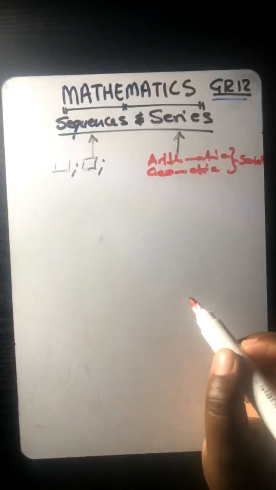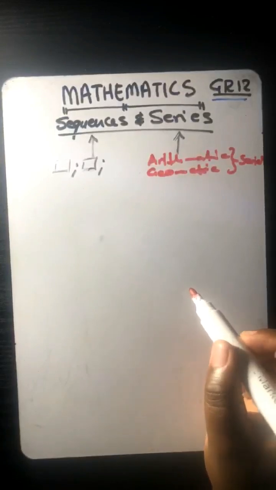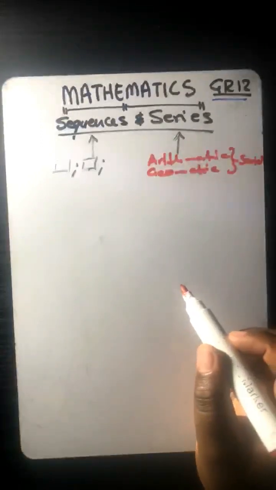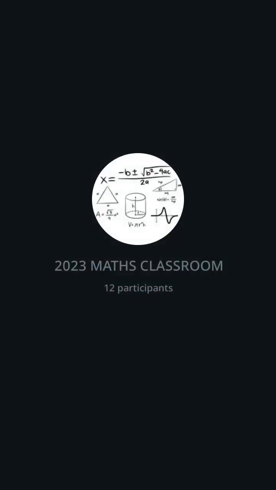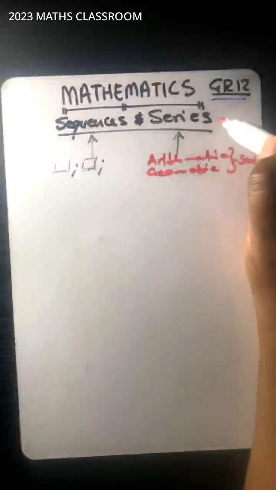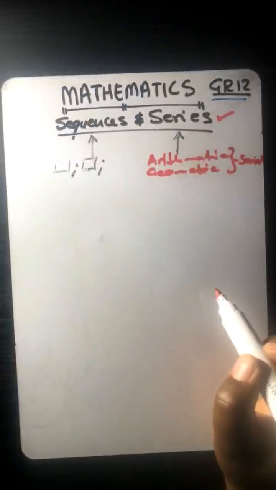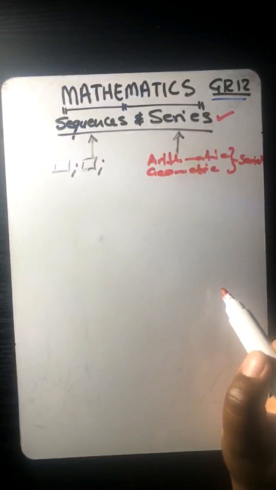You remember we've dealt with 3 types of number patterns: arithmetic, geometric, and quadratic. Under series, we only focus on 2, being arithmetic and geometric.